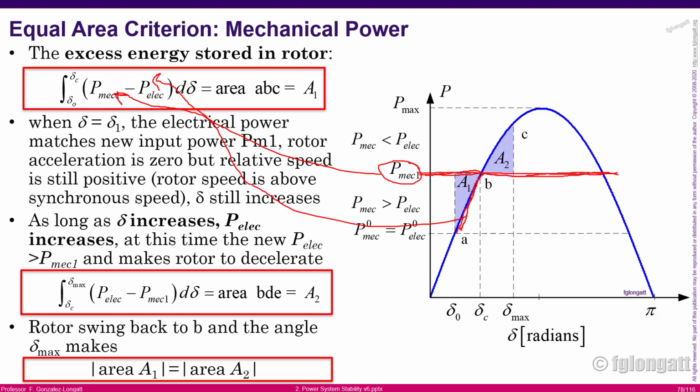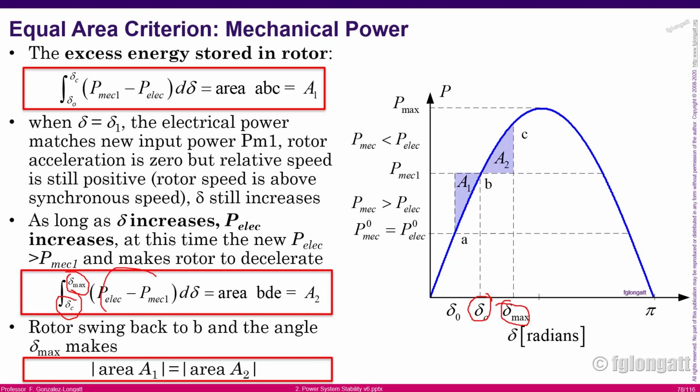Of course, you can use this expression, and then for the second integral, you will see that it is between this and this, delta C and delta max. And here, there are two options. You use this one in order that the area 2 will be positive. The area 2 will be positive if you take into account that this is P electrical, and this area here is the mechanical, okay?